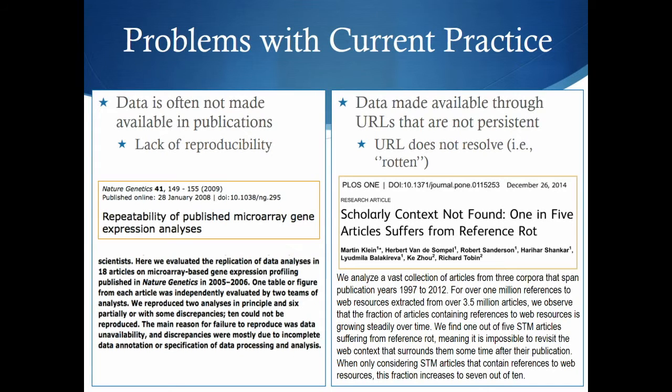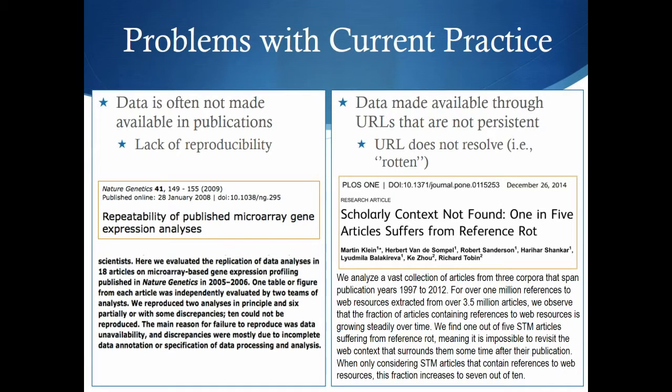Another big problem with current practice is access to the data used in publications. The data is often not shared. Sometimes the papers say, contact the authors if you want the data. There have been a lot of studies where even if the authors are contacted, the data is not easily found or perhaps never returned. The number of papers where the data is not available or is hard or impossible to reproduce is really staggering.